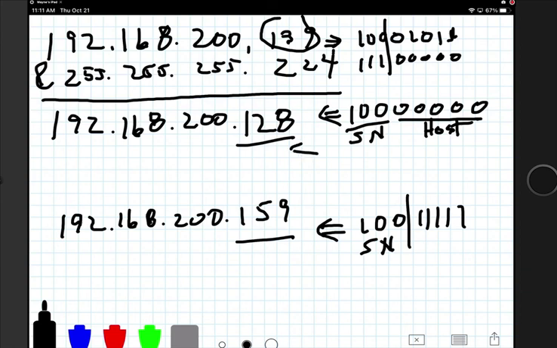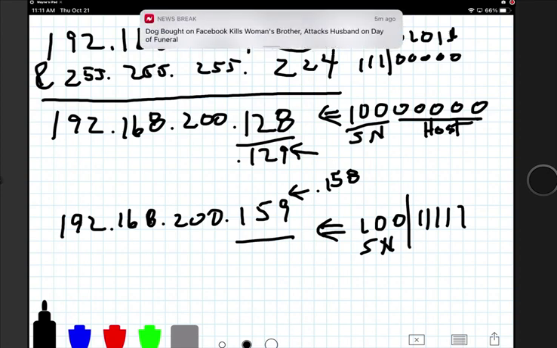Well, the first one is going to be 1 more than the network number, and the last usable host is going to be 1 less than the broadcast. So that is how you go through and work, in this case, problem 1 on lab 11.6.6.